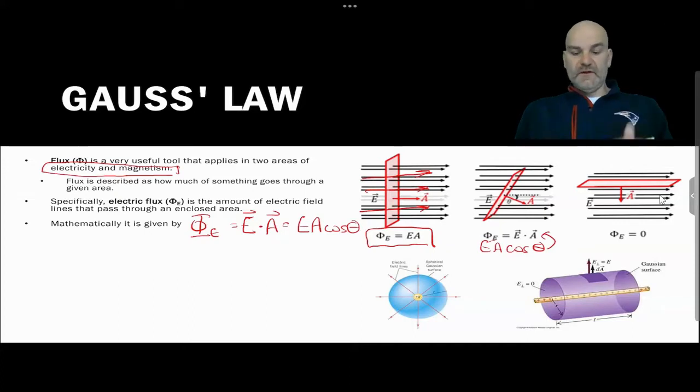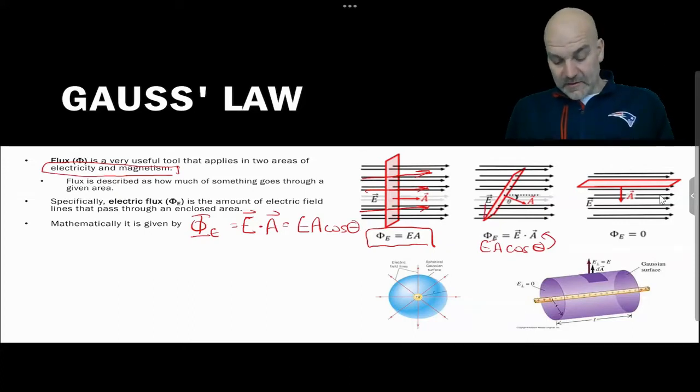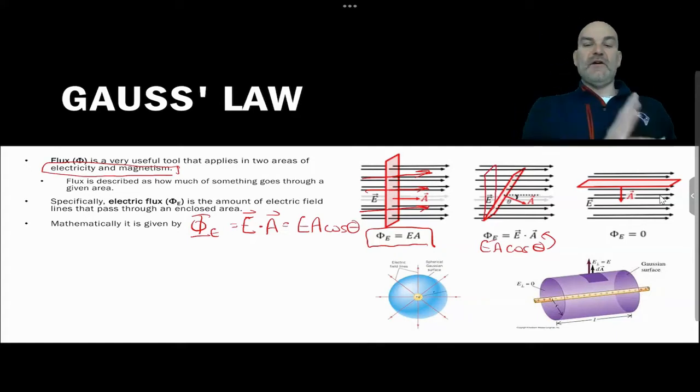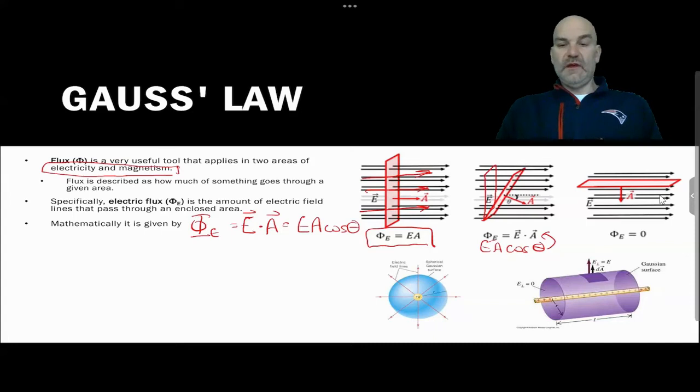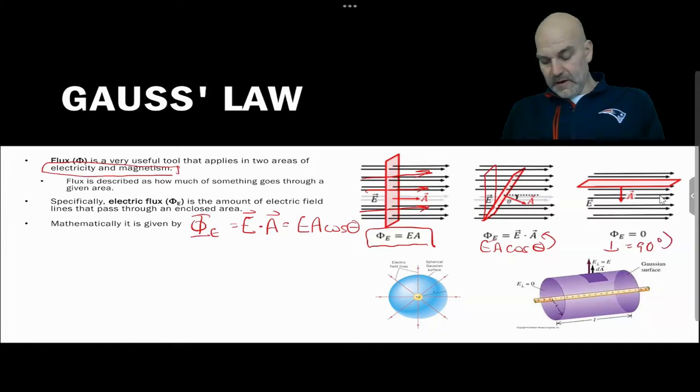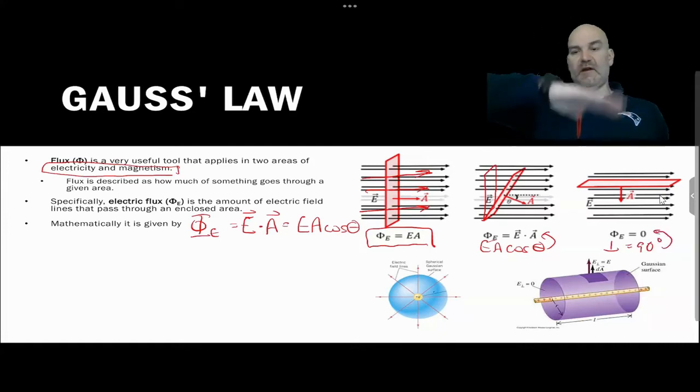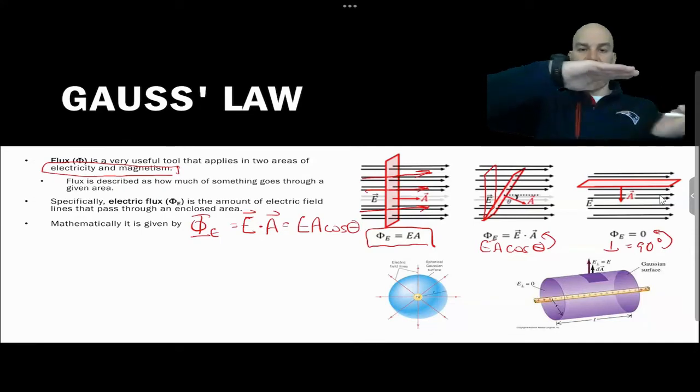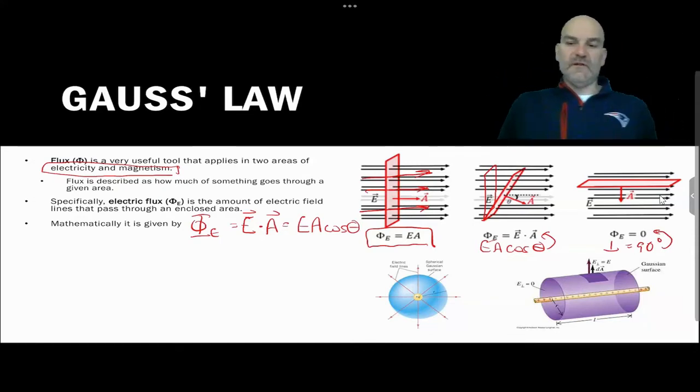Because the electric field is at an angle, we want the component that puts the area parallel to the electric field. If we're perpendicular, there's no flux. It's just the electric field simply passing over the area that we're looking at.